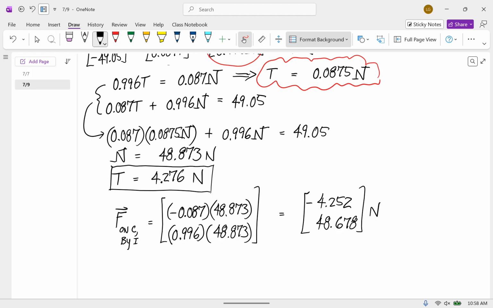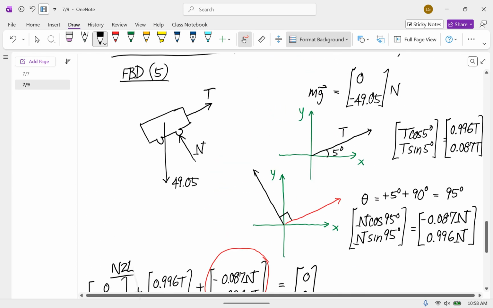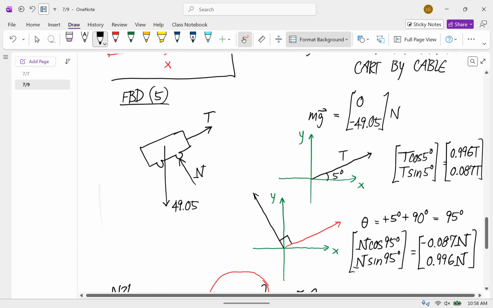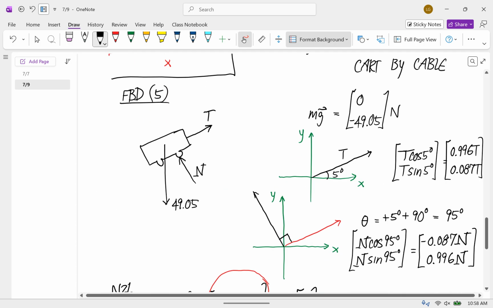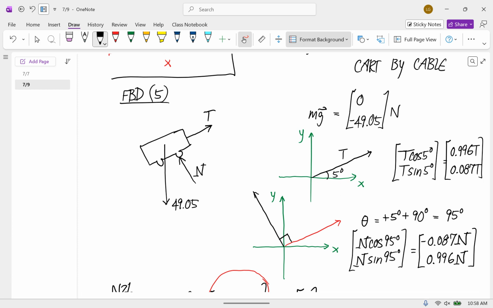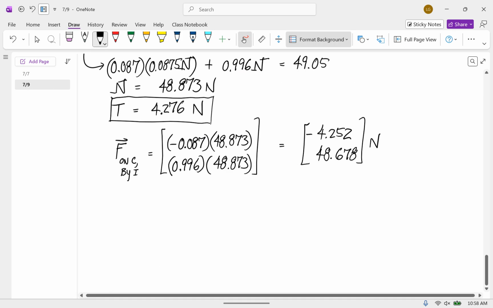And so that force vector has a big positive y component and a small negative x component, which makes sense when you think about this force as being in the direction of that n in our free body diagram. So that's an answer.